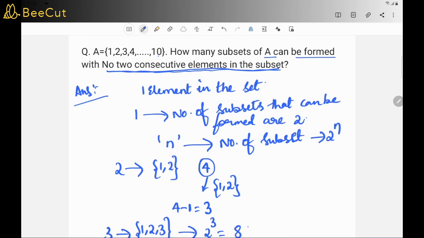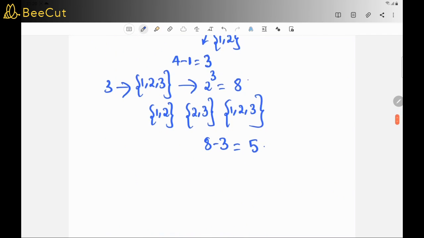Again, we can notice a series. Had there been one element in the series, the number of subsets with no two consecutive integers in them is 2. Had there been 2 elements, the number of subsets that contain no two consecutive elements is 3.